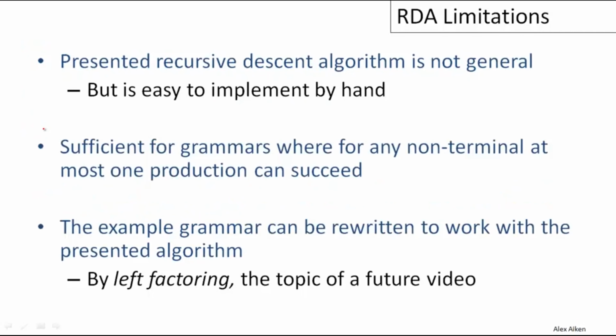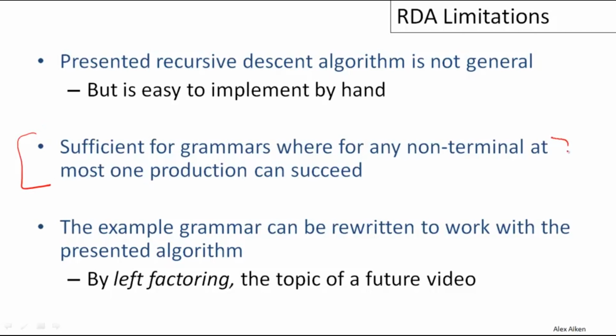The reason for showing this particular algorithm is that it's easy to implement by hand. While it has this limitation, it's very mechanical and very straightforward to design a parser for a given grammar, and it will work for a rather large class of grammars.